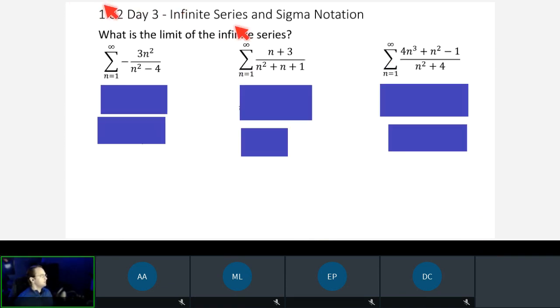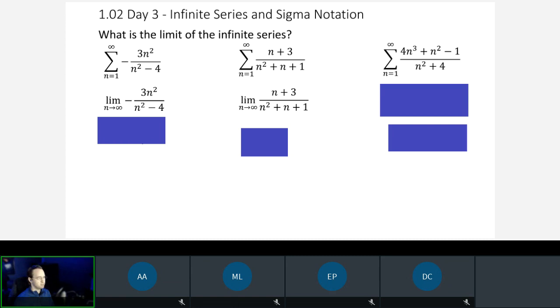All right, infinite series and sequence notation. It says, what is the limit of the infinite series? I give you this, and we just use top heavy, bottom heavy, even stuff. Well, n squared and n squared, they're the same. So first I rewrite it as a limit. I just rewrite them all in limit notation.